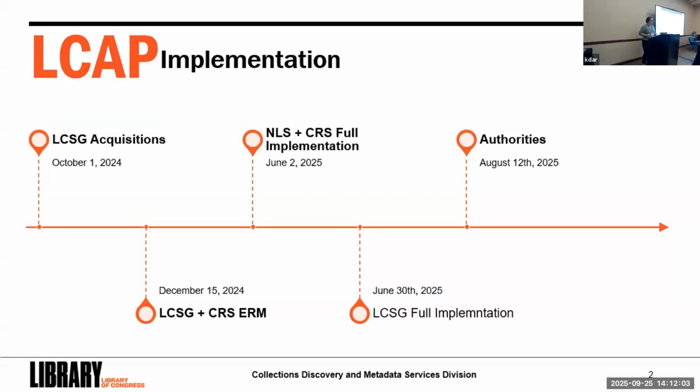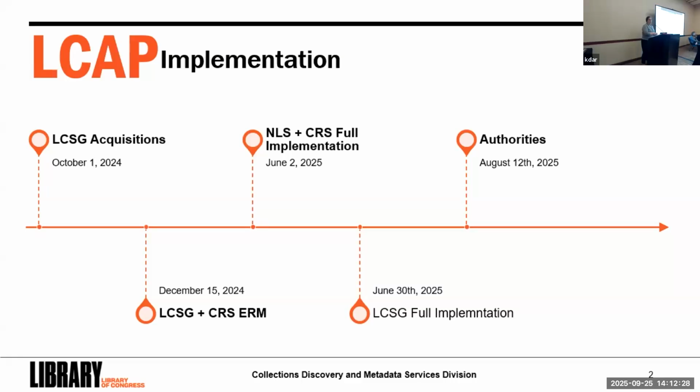We had to break up our implementation to get it done. We started by ripping off the Band-Aid and doing acquisitions at the start of our fiscal year last year in October of 24, followed up with ERM in December. We're going to talk a little bit about the National Library for the Blind and Print Disabled, as well as CRS. There are 2 other FOLIO implementations.